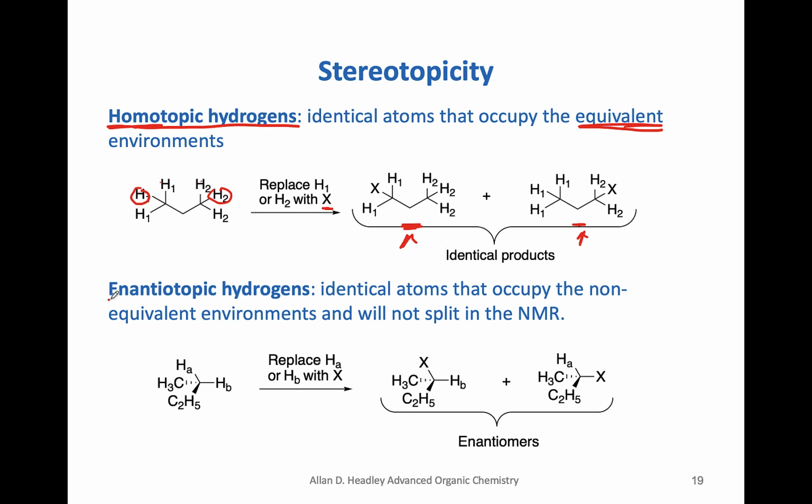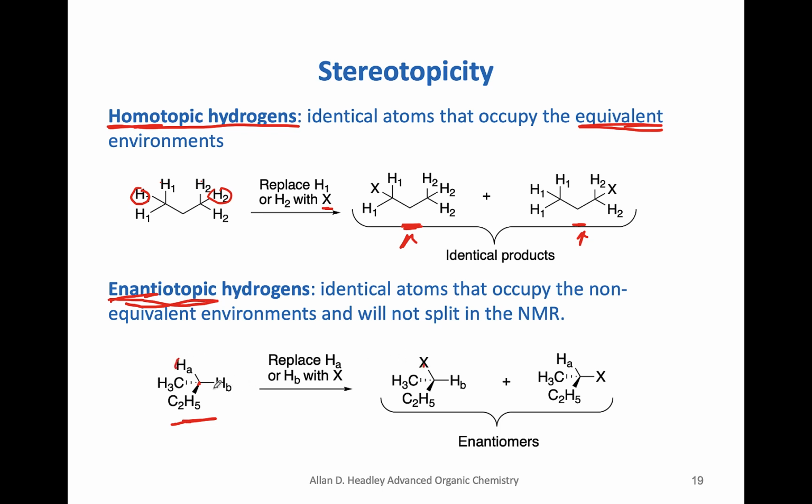Another term is enantiotopic. As you can imagine, it has to deal with enantiomers. So here's an example. Here's a molecule. This is not chiral because it has 2 hydrogens bonded to the carbon. It does not have 4 different groups bonded to that carbon. If you replace HA with X, you get that.